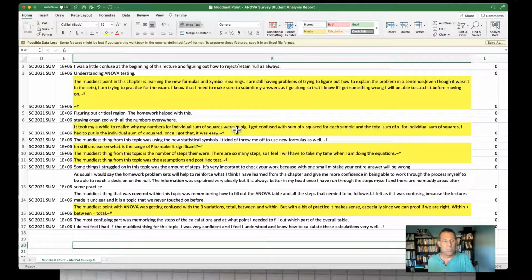So just know with your project, some people are measuring days a week exercise. Okay, that will be nice, usually single-digit numbers. Some people will do minutes a week exercised. Then you're going to have very large numbers. Some of your sums of squares will end up being in the millions and trillions and so on. So it can look a lot different than what you're used to. It doesn't mean you made a mistake.